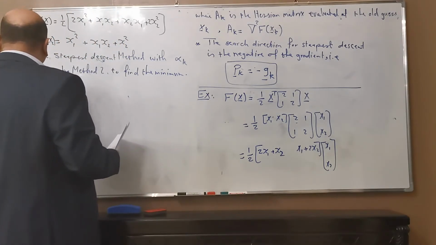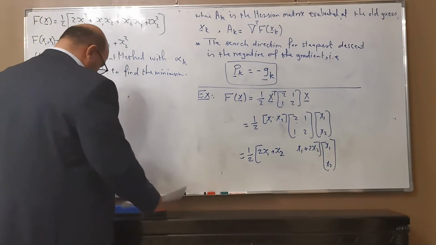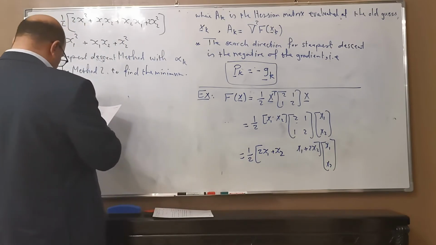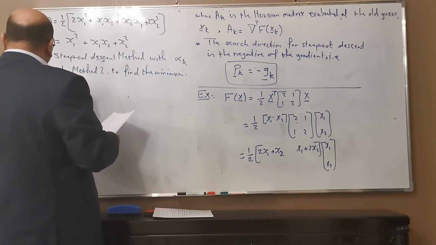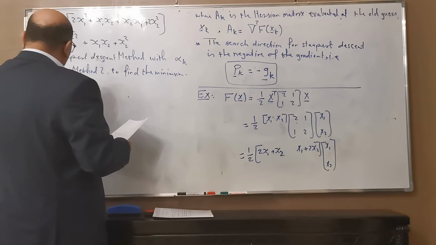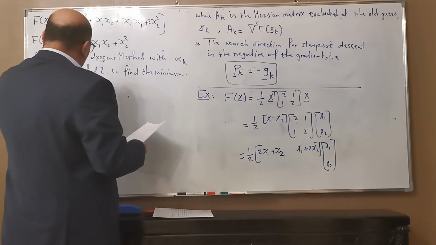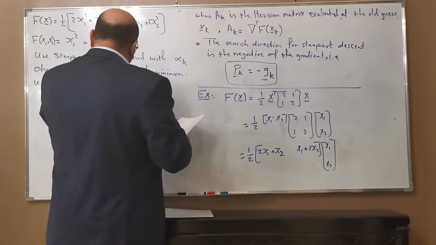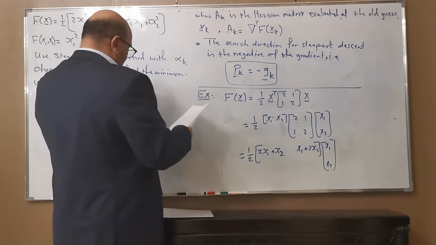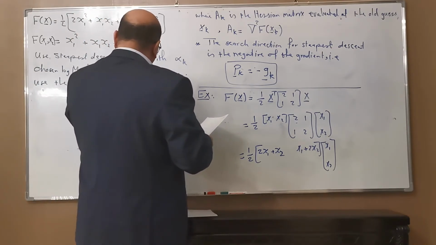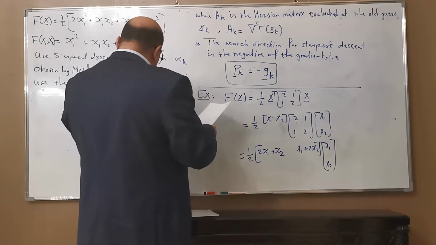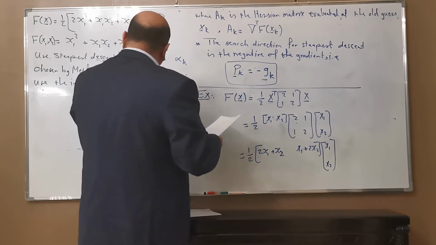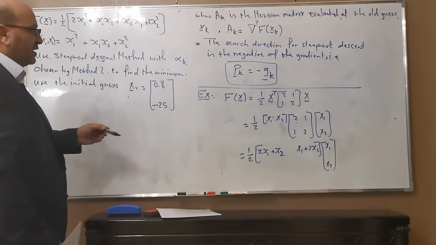Use the initial guess x0 equals 0.8 and minus 0.25. So this is an example.